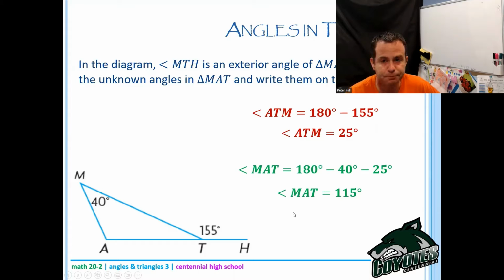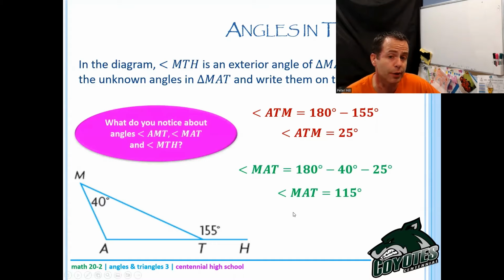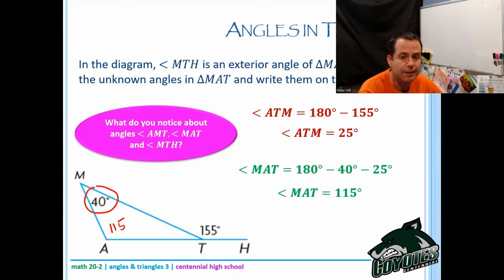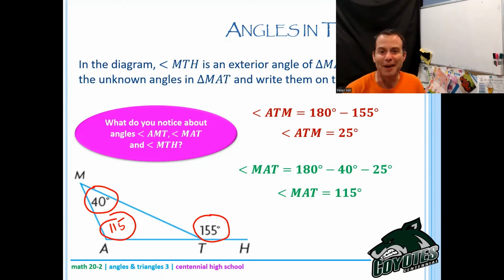All right. So now what do you notice about angles ATM, MAT, and MTH? They're asking you, what can you deduce? This was 115, right? What can you deduce between this angle and this angle? I want you to notice that 40 and 115 is 155.